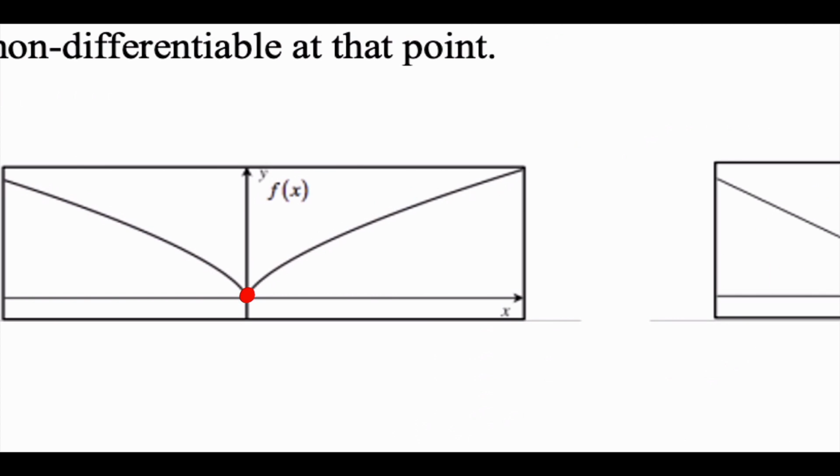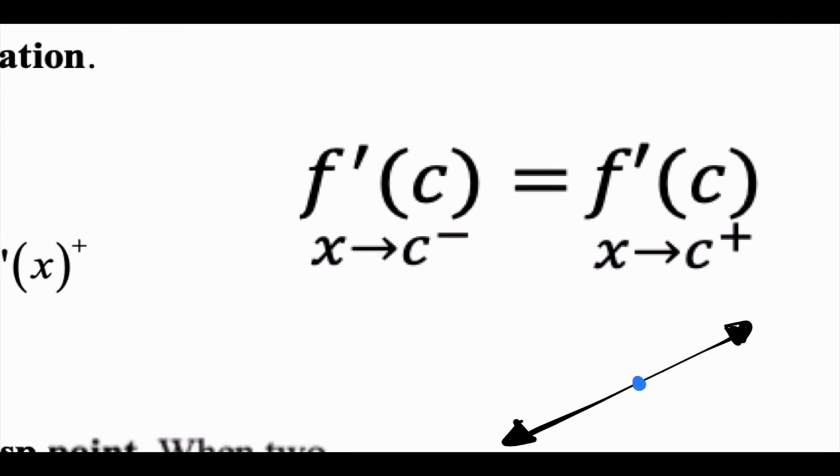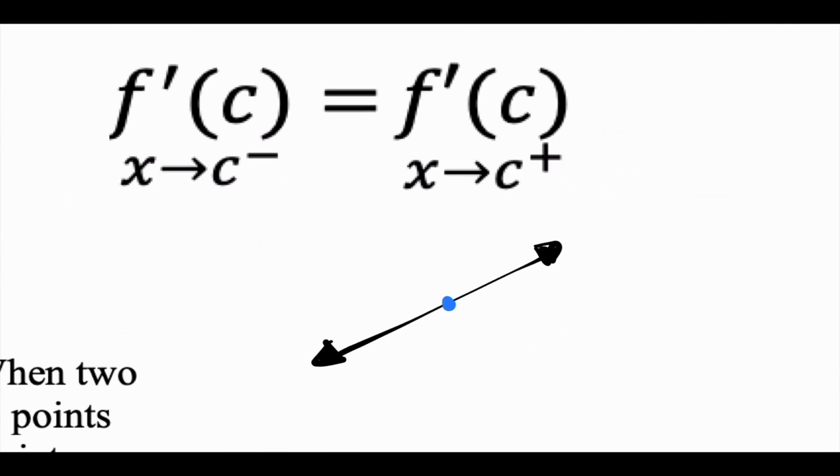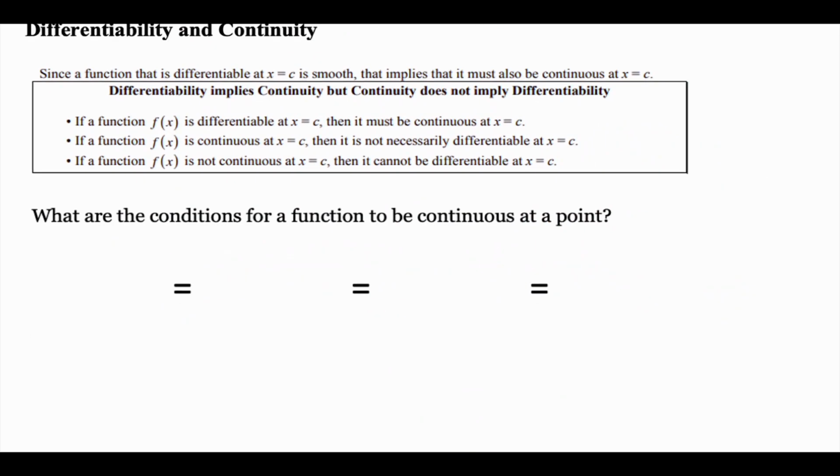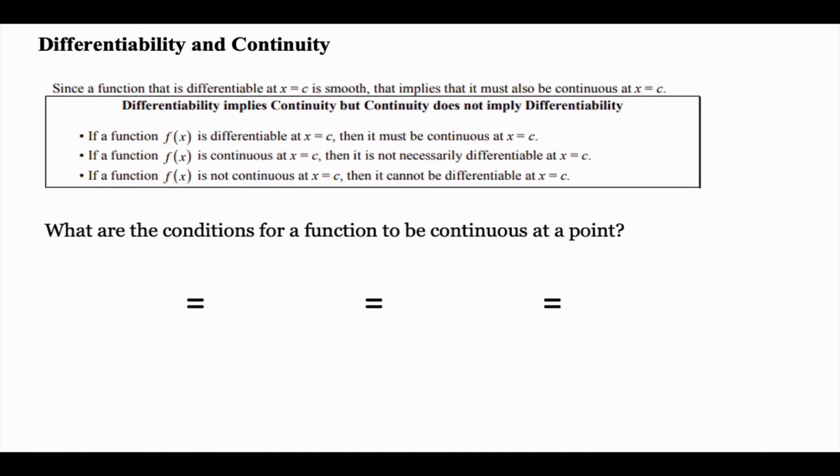So when you're checking differentiability, you're checking this right here. You're trying to see if the derivative going into the point from the left side is the same as the derivative coming from the other side. It's kind of like continuity. We talked about continuity. What makes something continuous?